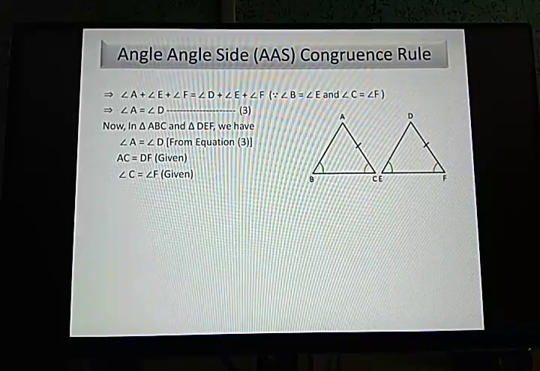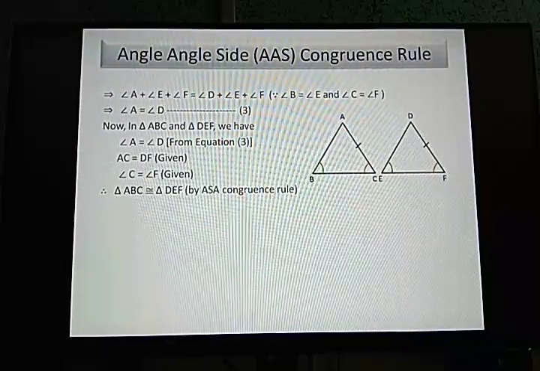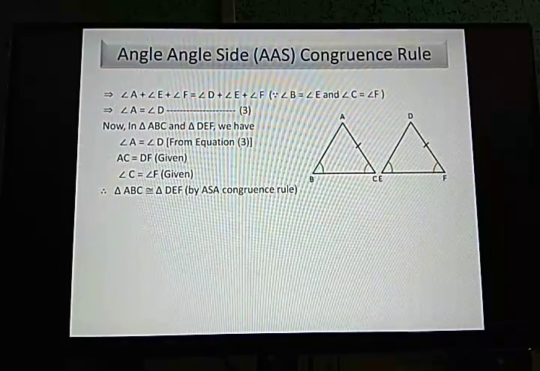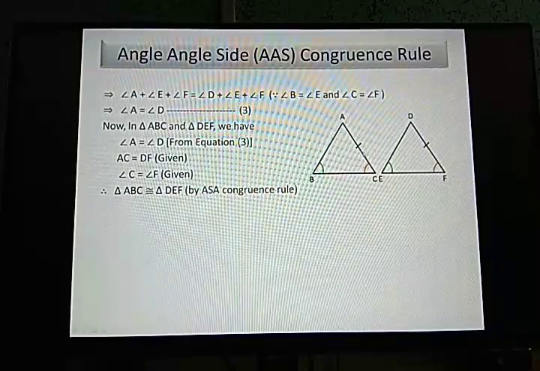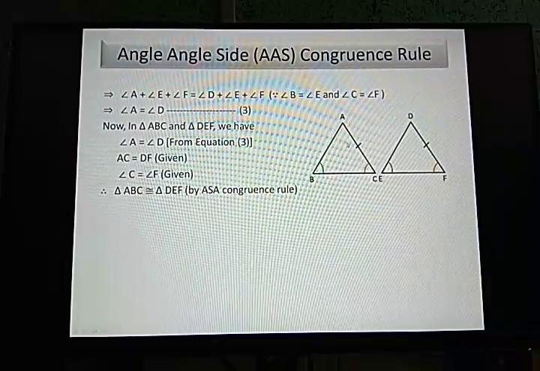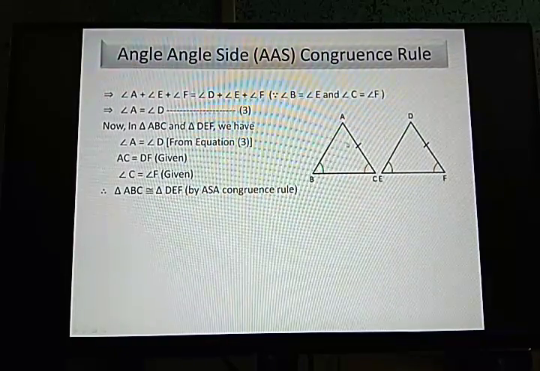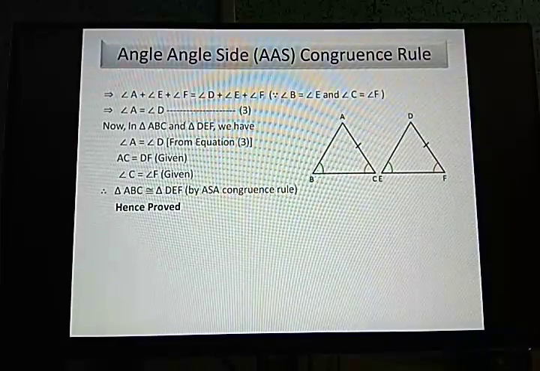So both these triangles are now congruent by the ASA congruence rule. As you can see, side AC and side DF are included in between these two angles. That's why we have used the angle side angle congruence rule, and in that way we can prove that both these triangles are congruent.